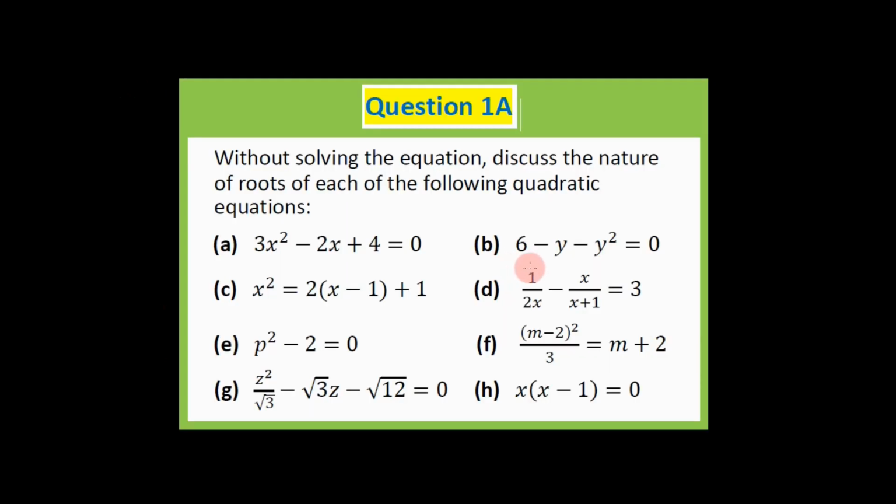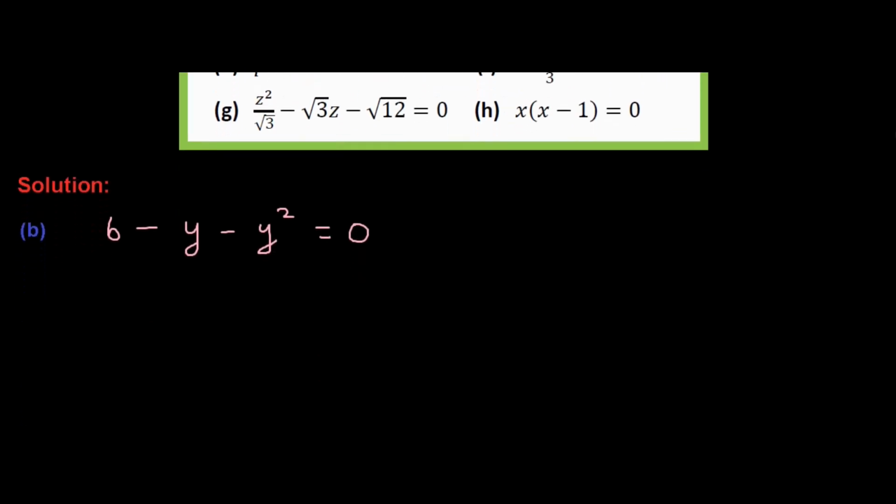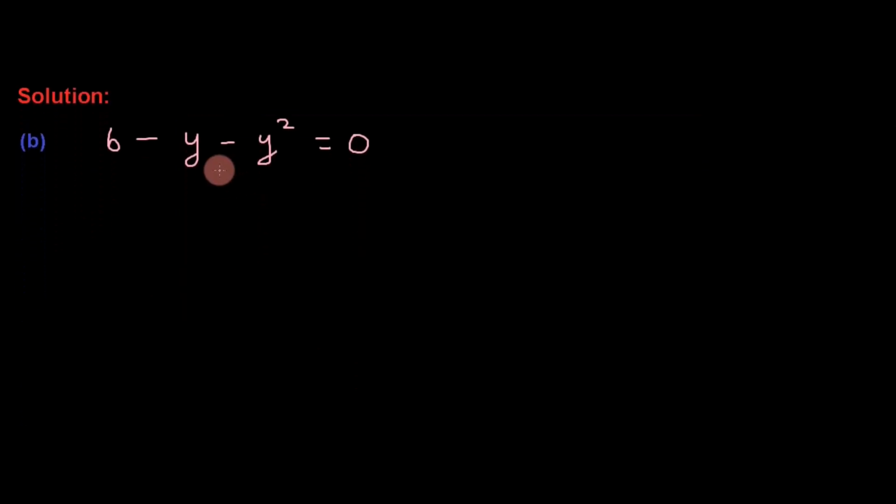Then coming to b, we have 6 minus y squared equals 0. We're going to start by rewriting the order of the terms, so we have it in the form ay squared plus by plus c equals 0.